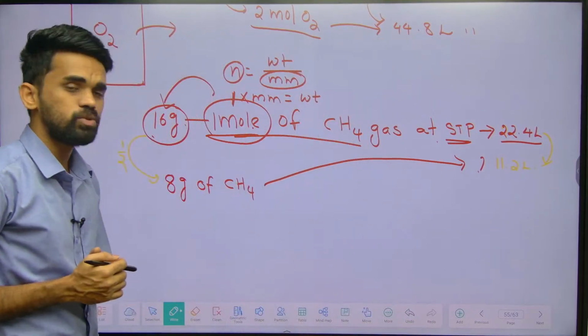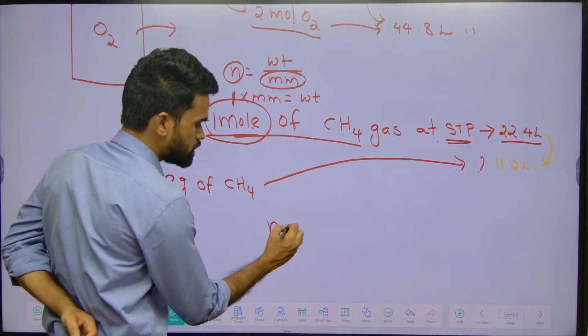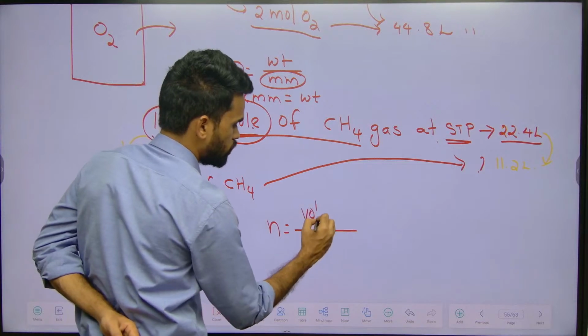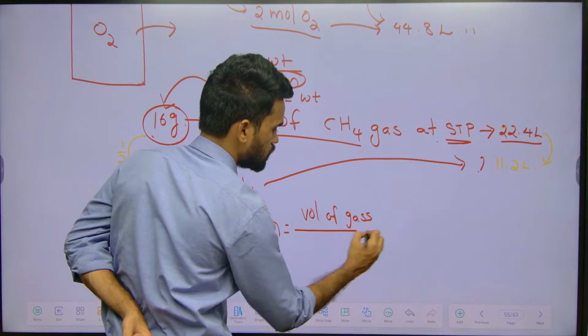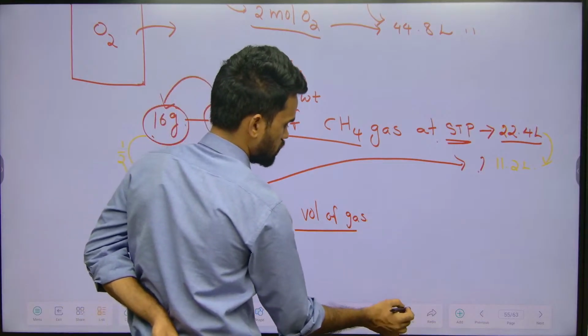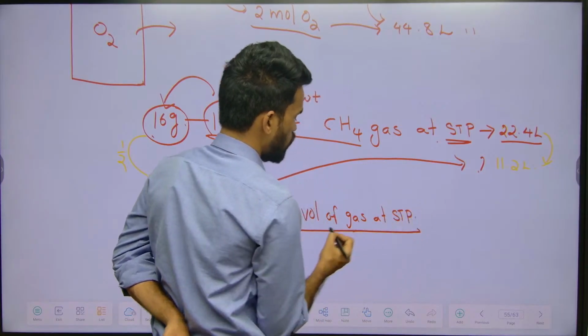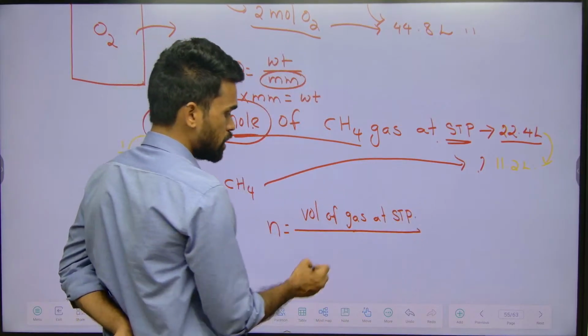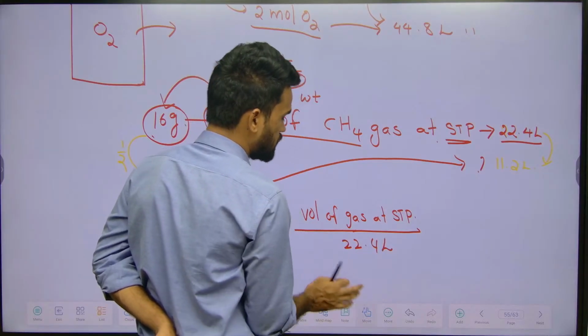Now I am going to make one simple relation here. Number of moles equals volume of gas at STP divided by 22.4 liters. Just take it like this.